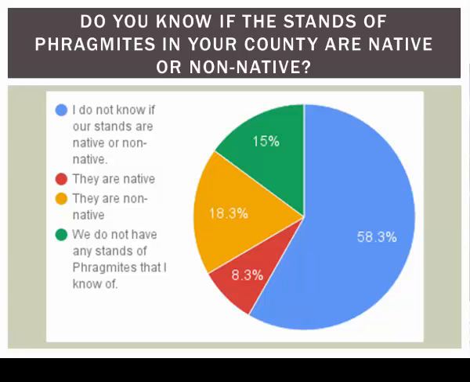But then you can see the vast majority of the people, again, said I don't know if these stands are native or non-native. So that immediately triggers to us that more work is needed in that area.